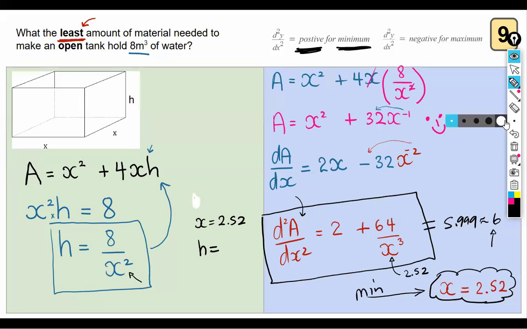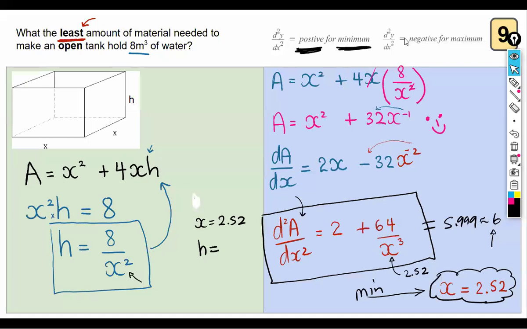Navid is sure I'm getting something different, but I'm going to double check it again just now. Right, so anybody getting 1.75? Let me double check that part. 8 divided by 2.52 squared.